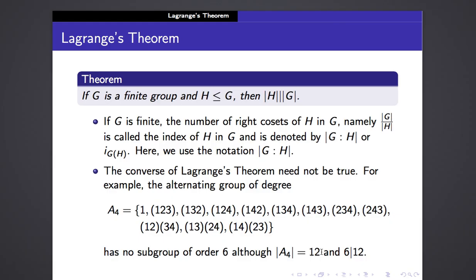There is a number that divides the order of G, but that doesn't mean that the group is going to have a subgroup with that order. So this counterexample shows you that.